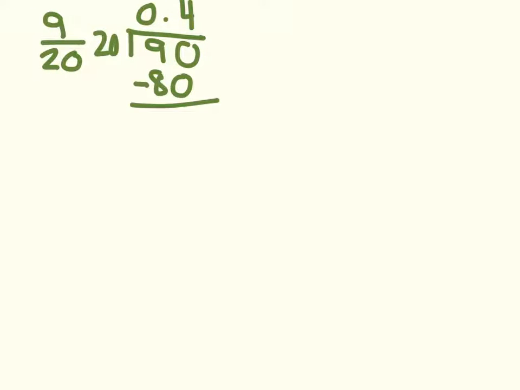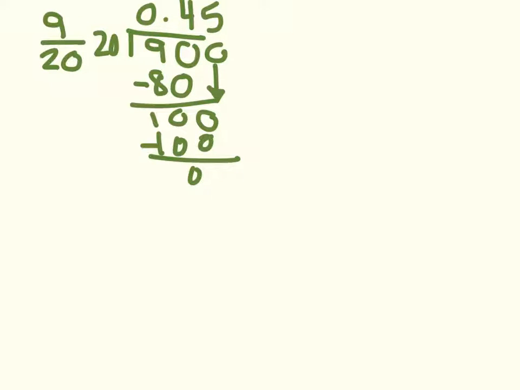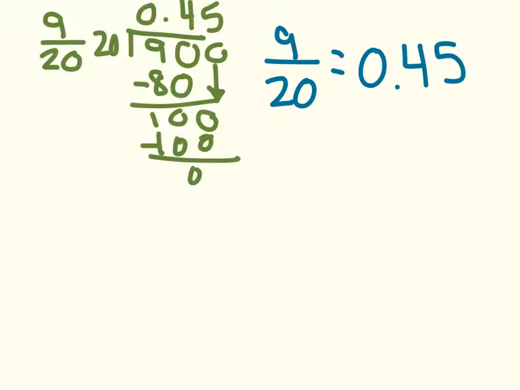We subtract and are left with 10. We don't have a remainder of 0, so we bring down another 0. 20 fits into 100 5 times, and it goes in evenly. 5 times 20 is 100. We subtract and are left with 0. So we could say that 9/20 in the decimal form is 0.45, or 0 and 45 hundredths.